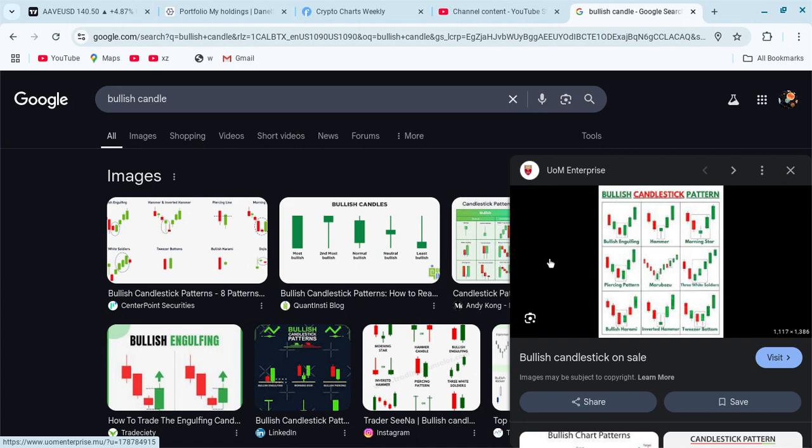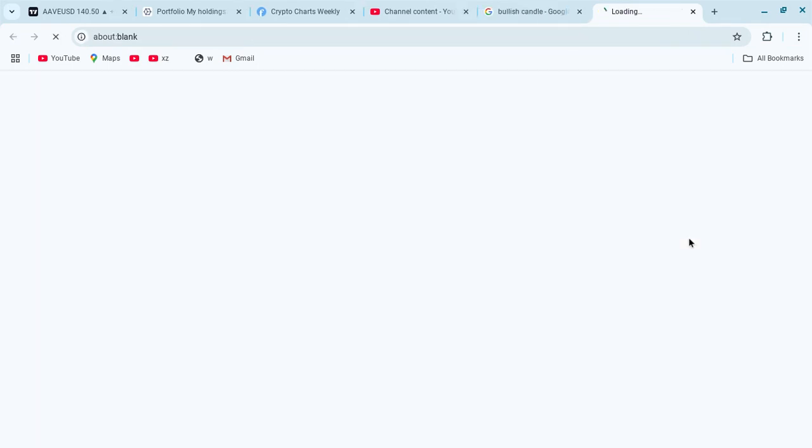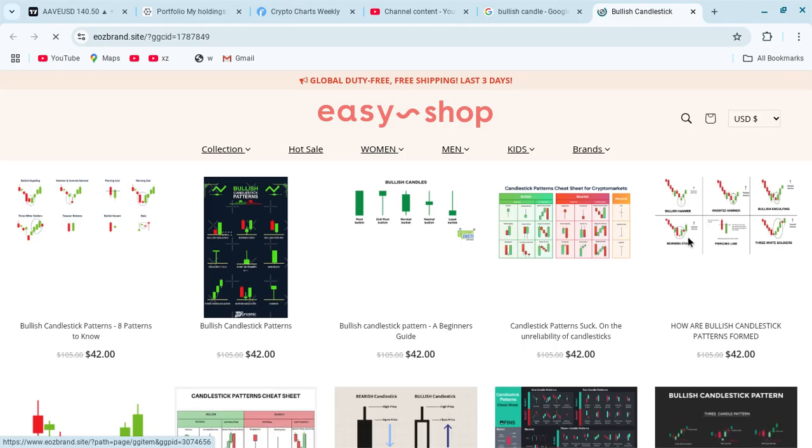Let's go here to look at another candle which we might be looking at today. We are opening that one. We saw this one already.